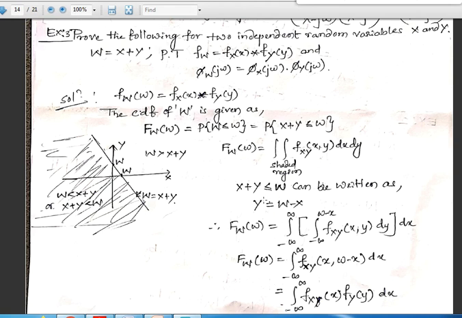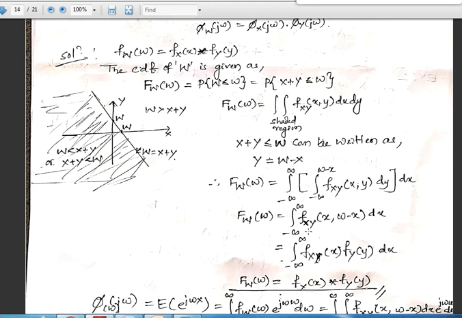So we write the CDF as an integration. Of course, it is a two-dimensional plane, so we have two integrations, from minus infinity to plus infinity, of fxy of x, y dx dy. In place of y we write w minus x.